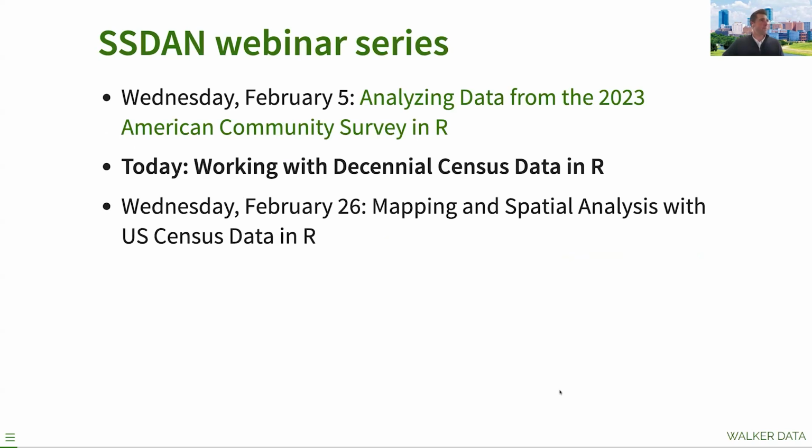All right. So last week, just recapping, we covered the 2023 ACS. Today is all about decennial census data, mostly a focus on the 2020 census, and we're going to look at historical data resources as well. We'll take a week off next week, and then in 2 weeks, on the 26th, we'll do mapping and spatial analysis with census data, which is always a lot of fun.